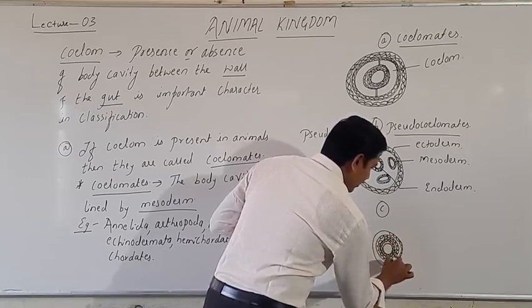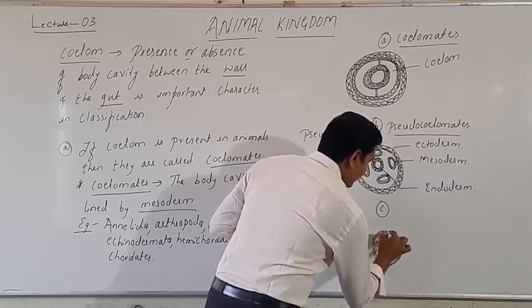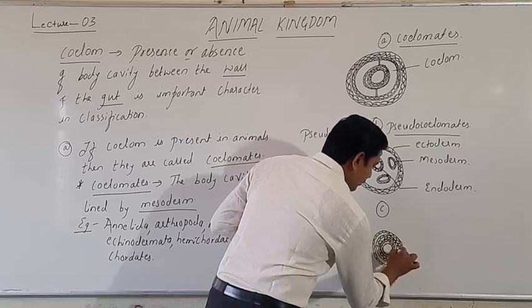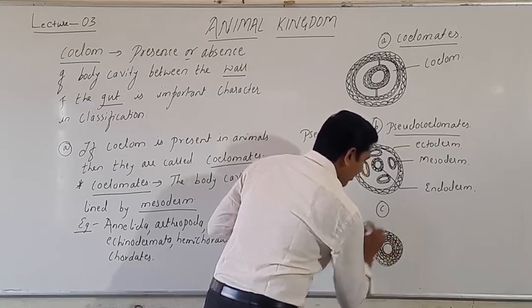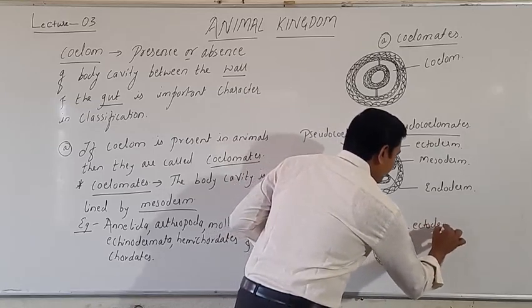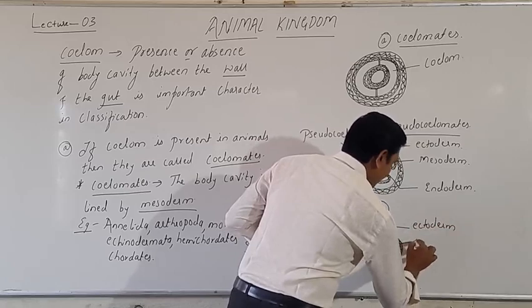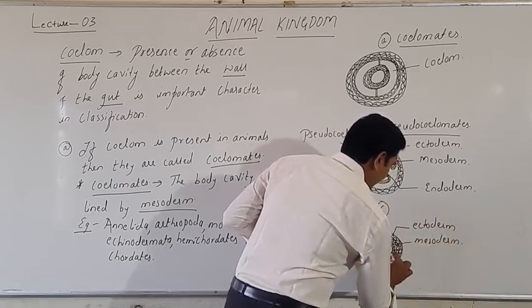So we have ectoderm, middle is mesoderm, inner one is endoderm. All these cell layers are there, but there is no body cavity.